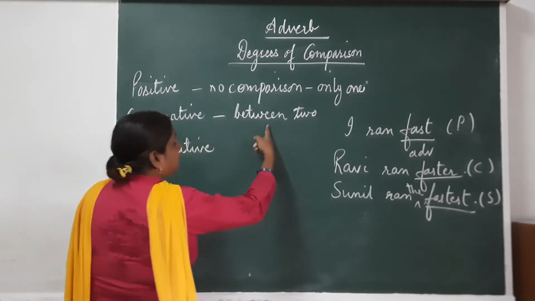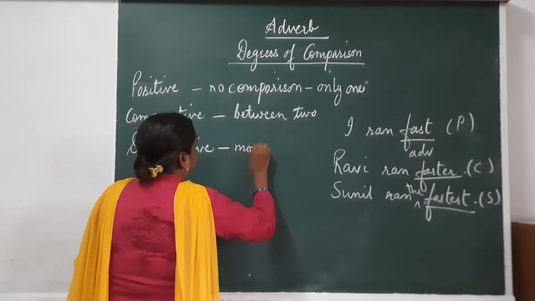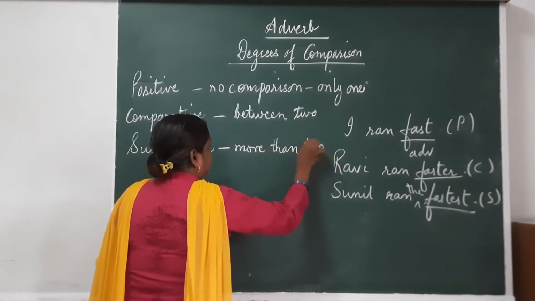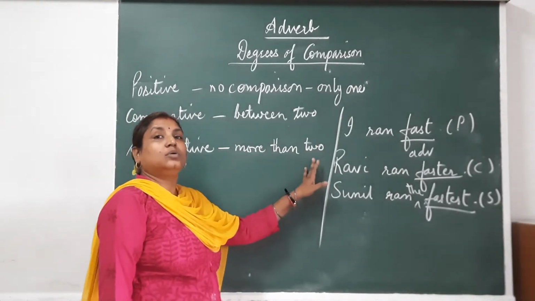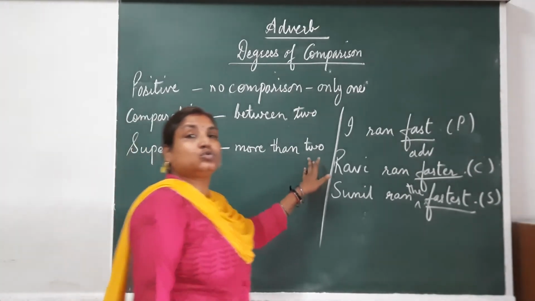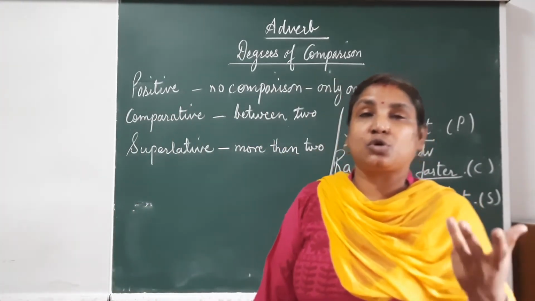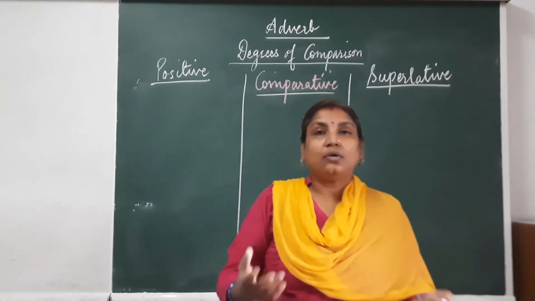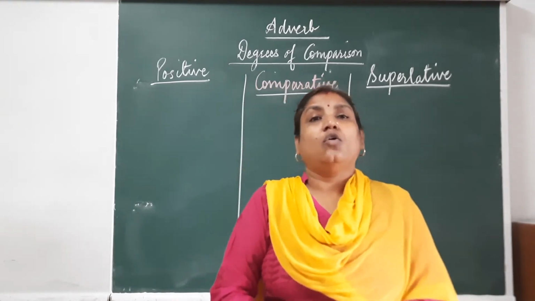So comparative is always between 2 and superlative is always between more than 2. Clear? It is used whenever there are more than 2 persons, groups or events. Clear?